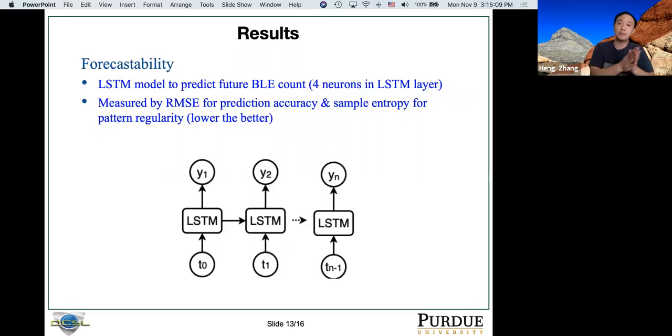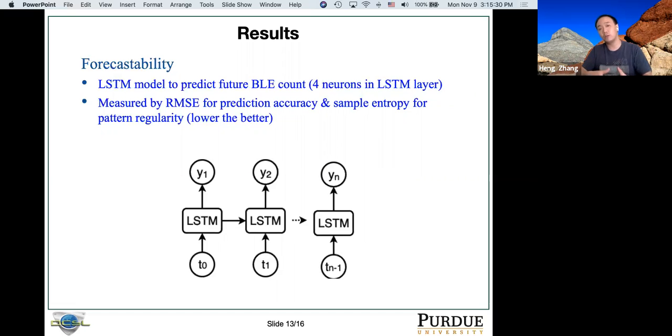And for the forecastability, essentially our goal is to build a framework that, given some history trace of the BLE count, tries to predict the future BLE count, let's say the next minute, next 2 minutes, next 5 minutes. We build a very simple LSTM model, which runs very fast, with just 4 neurons in the LSTM layer.